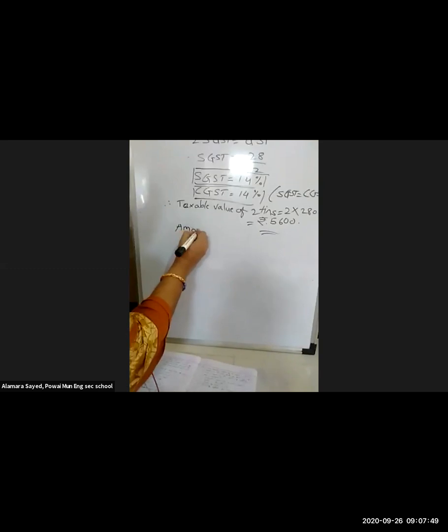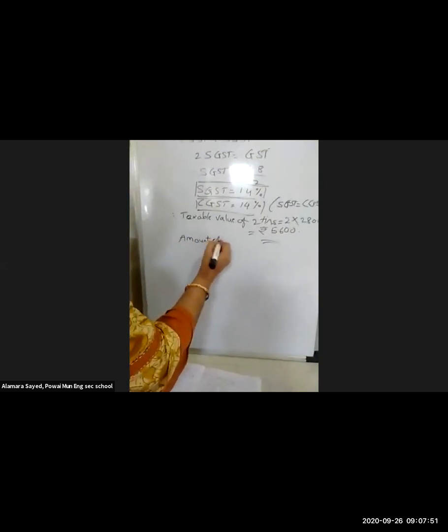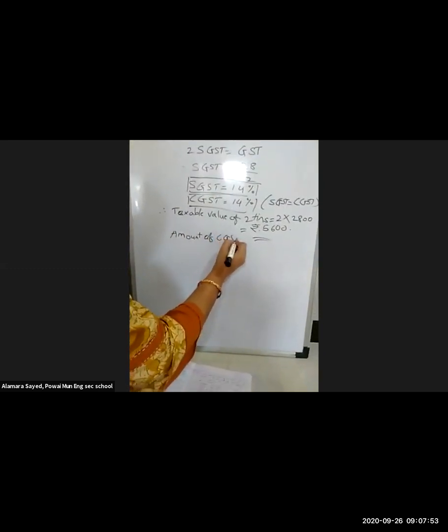Now amount of CGST is how much? 14%. We have got amount of CGST is equal to 14%. So now we will find the GST amount.